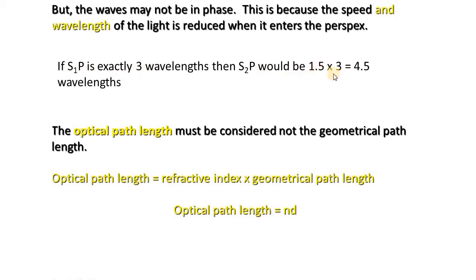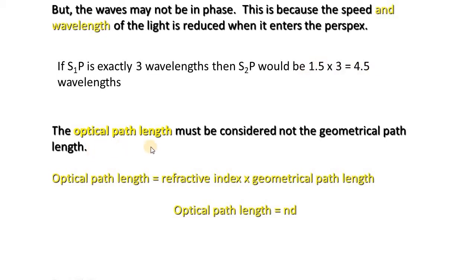They are coherent, having the same wavelength. The second ray path S2P is in perspex with refractive index 1.5, so its path length will be the actual path into 1.5, which will be 4.5 wavelengths.